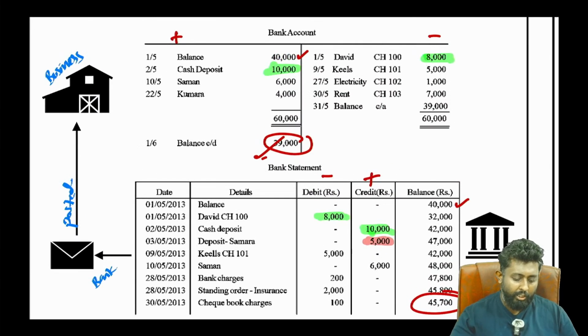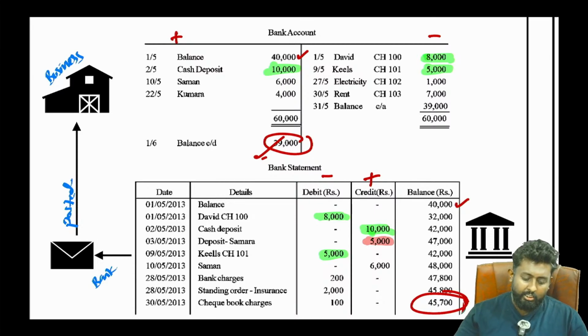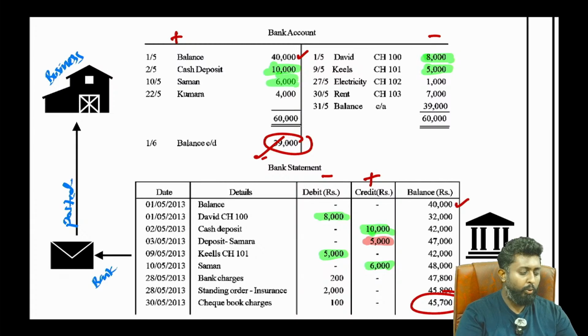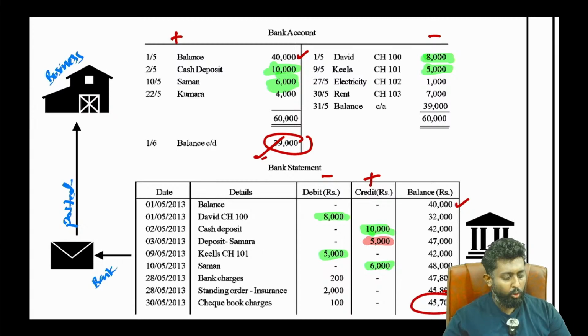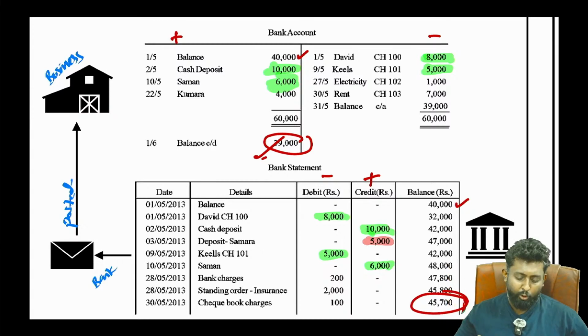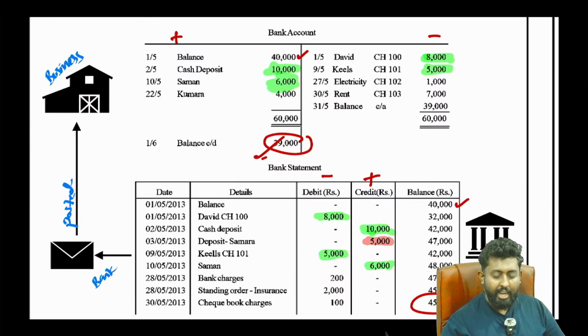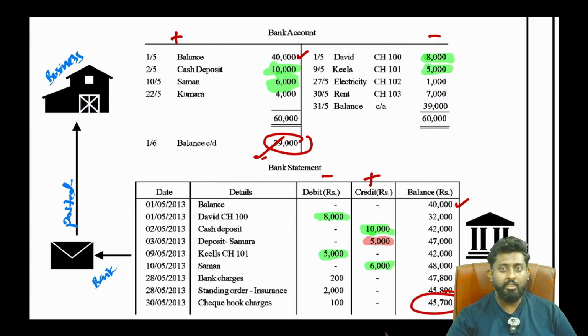Right, next Putha, the 5,000 check. You know very well that for this check the bank has minus and we also have minus. It is a presented check. Next, there is something called summon 6,000; the bank has added and we also have added 6,000. After that, if you notice, there are the bank charges, the standing order insurance payment, as well as the checkbook charges.